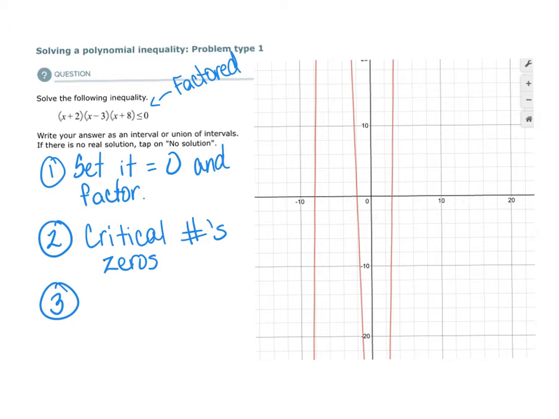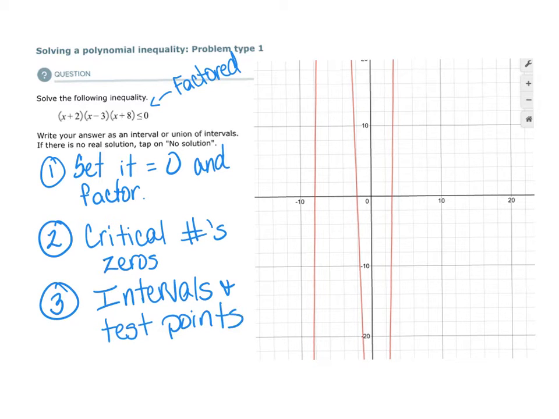Then, from those critical numbers, we are going to create intervals and do some test points. So with those intervals, we do the test points, and then from those test points, we write our answer in interval notation.